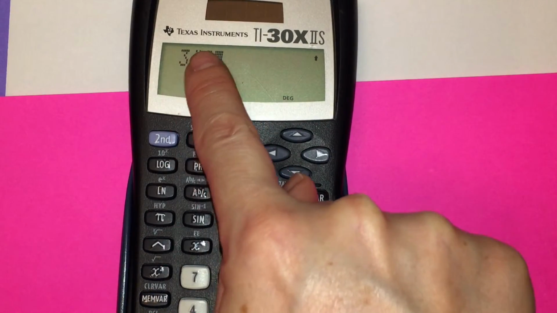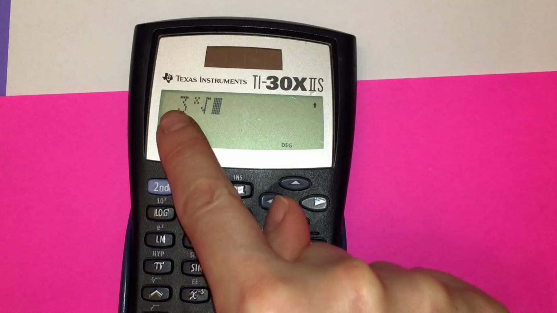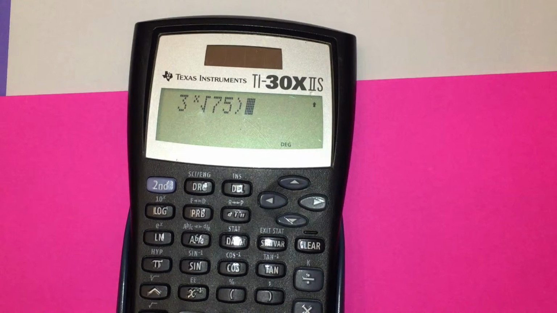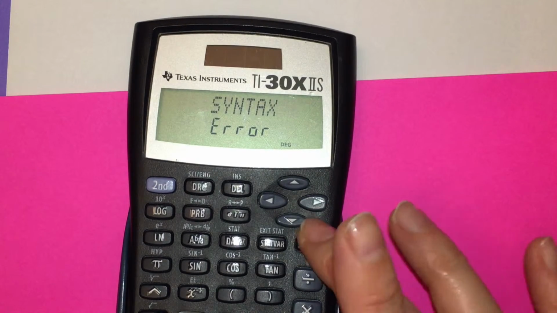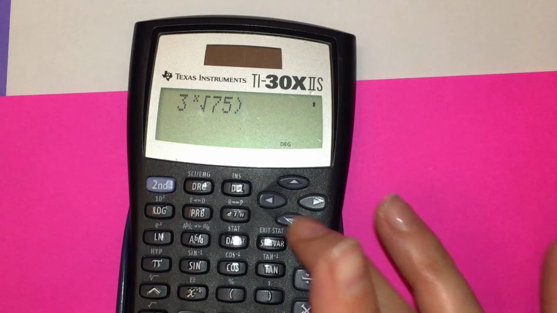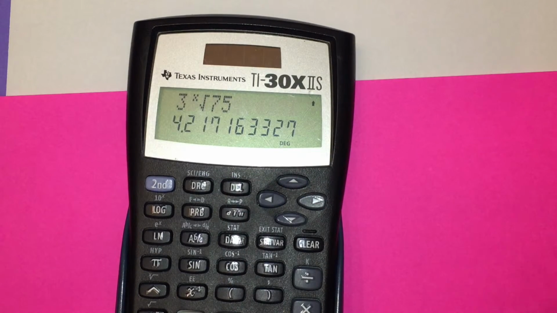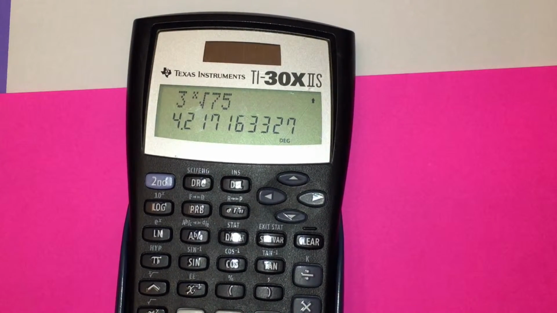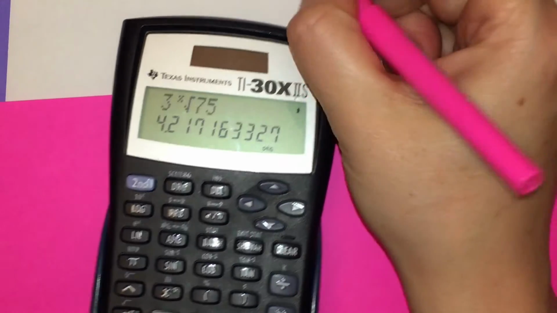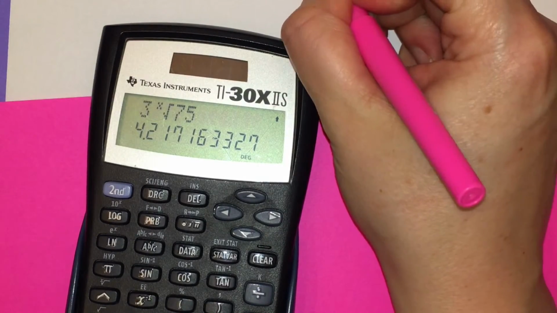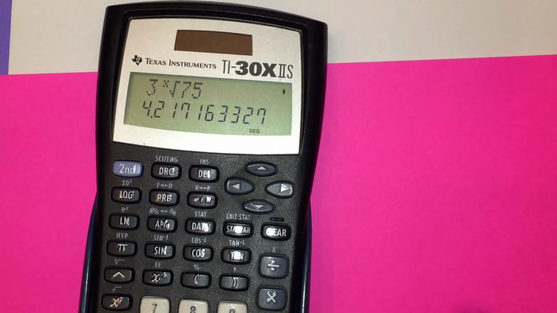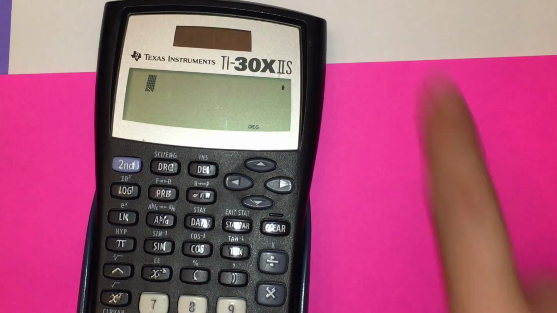So it's going to be 3 to the power, or the cube root of, and then I'm going to type in 75. Oops, I don't want that. Parenthesis is equal to 4.217 if I go out my 3 spots.